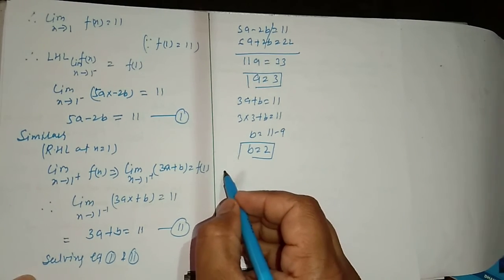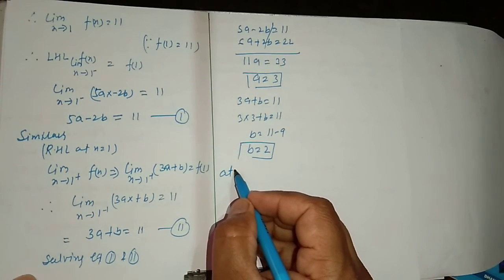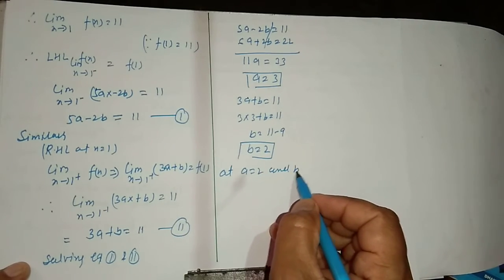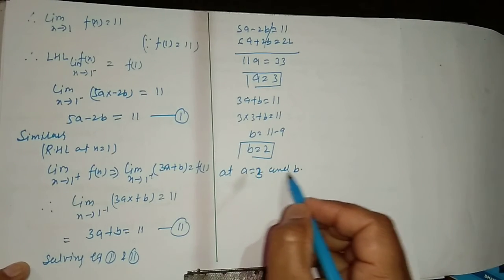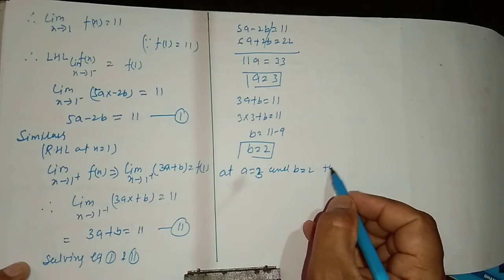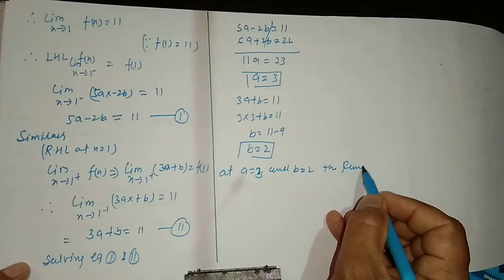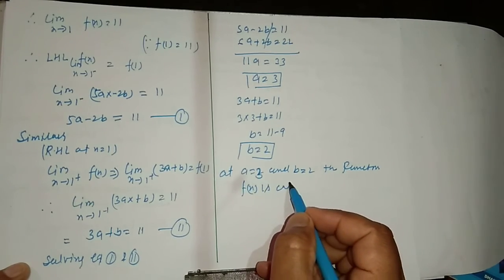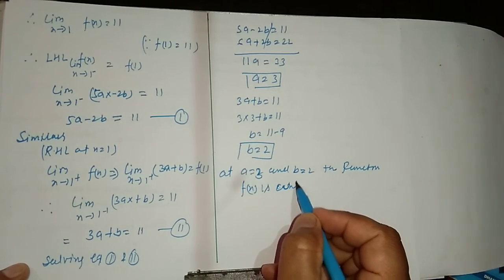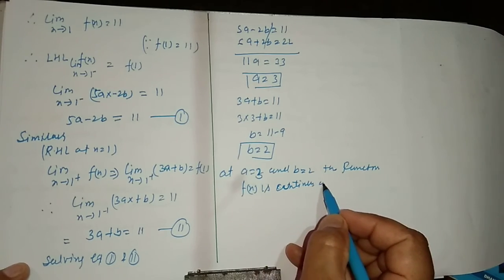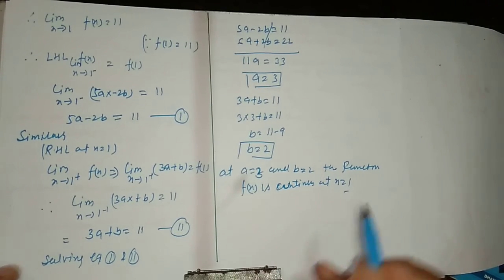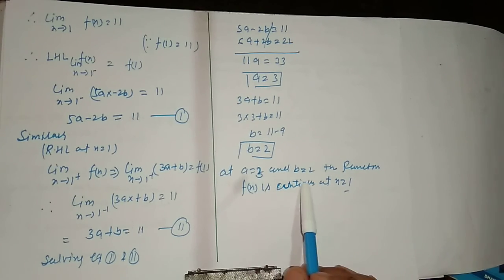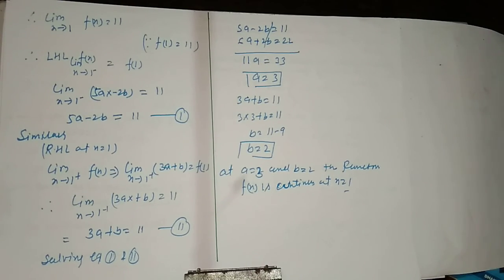So at a is equal to 3 and b is equal to 2, the function f(x) is continuous at x is equal to 1. Clear? If the value of a is equal to 3 and b is equal to 2, then the function is continuous. Clear?